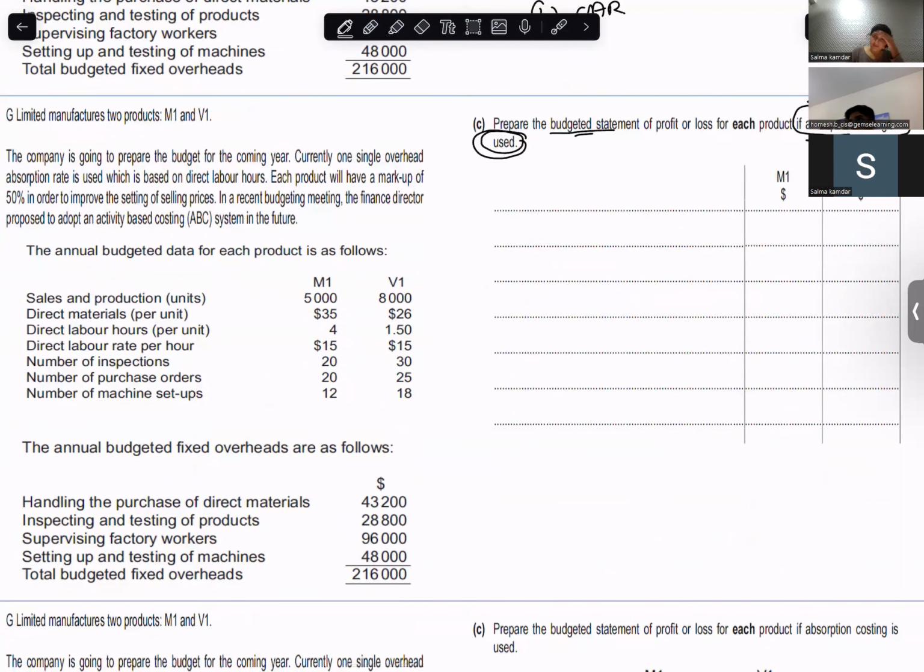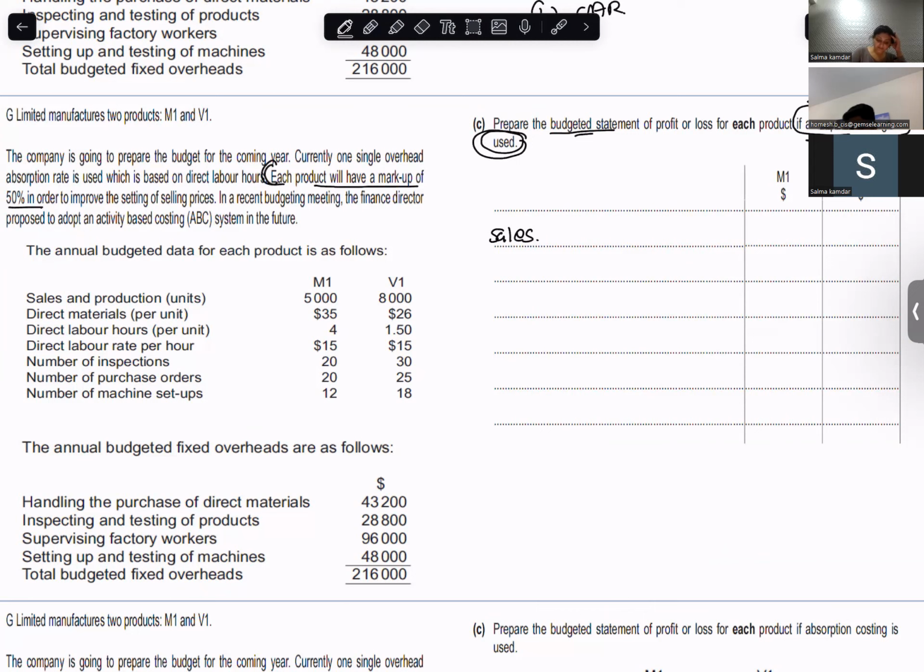Okay, fine. So if I'm making the budgeted statement of profit and loss, I will start with what? With the sales. Where will I get the sales from? Miss, it's given in the question, you just multiply it with the selling price, with the rate that we got before.